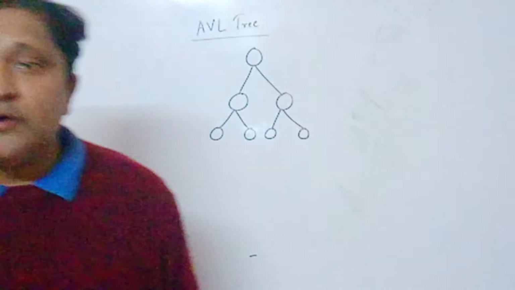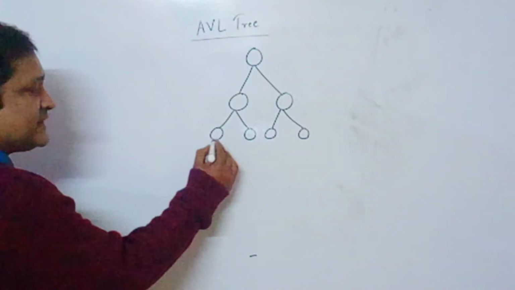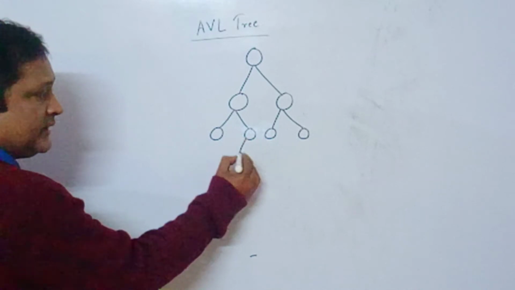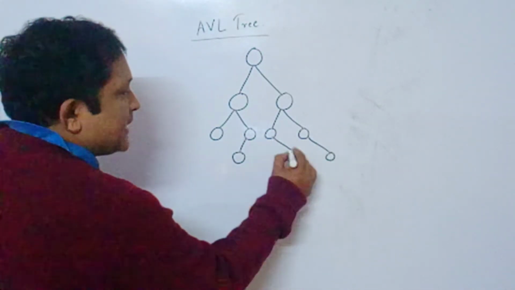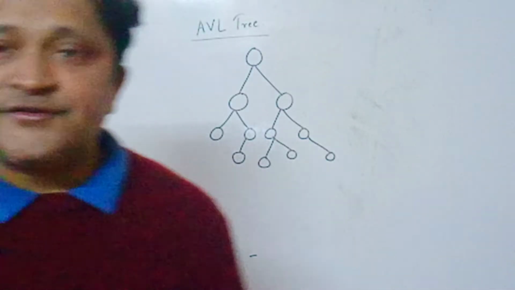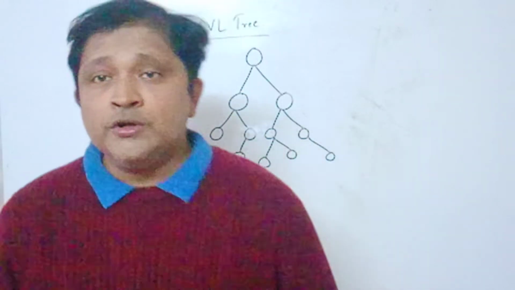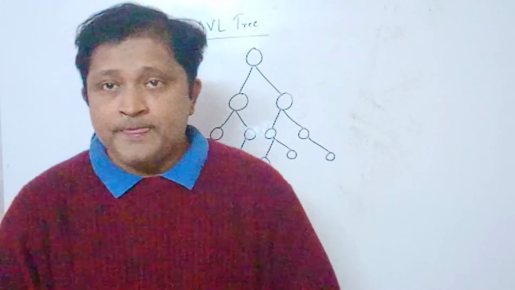Either 0 or 1 or 2, the number of children each node should have. So this one has no child, this one has only one child node, this one has only one child node, and this may have two children. So this is a binary search tree where each parent node should have at most two children, either 0 or 1 or 2.